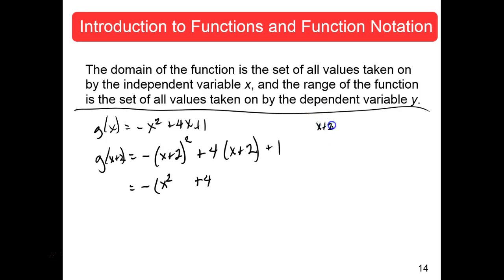X plus 2 squared. What does that mean anyway? X plus 2 times x plus 2, right? That's what it means to square something, multiply it by itself. So how do we do that? Foiling. First gives you x squared.